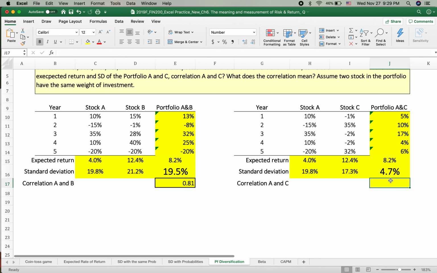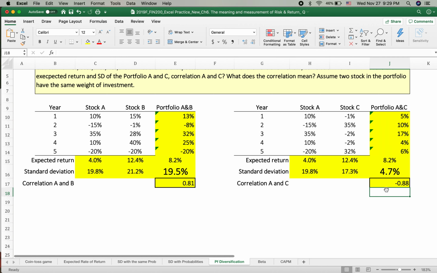What about the correlation of A and C? You will see the totally opposite result, negative 0.88. So the maximum is minus 1. They are moving totally opposite if they have a correlation of negative 1. One stock is moving that way, the other stock is moving the other way around, right?